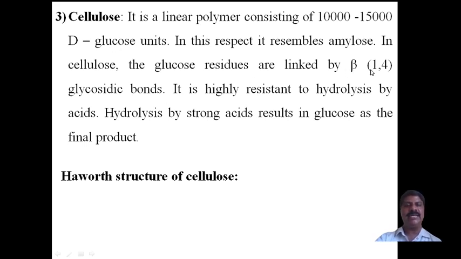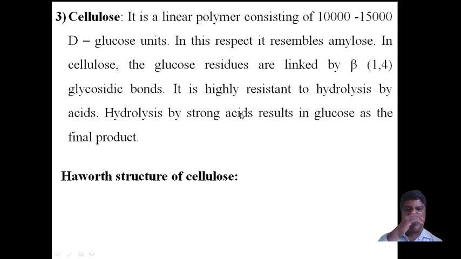A glycosidic linkage takes place and it is highly resistant to hydrolysis. It is insoluble in water. It is highly resistant to hydrolysis by dilute acids. Hydrolysis by strong acids results in glucose as the final product.